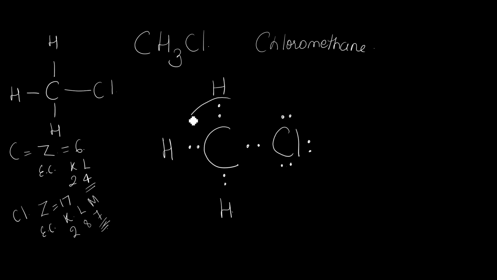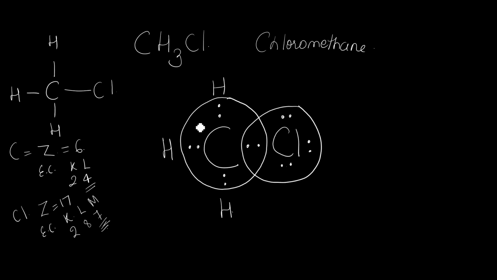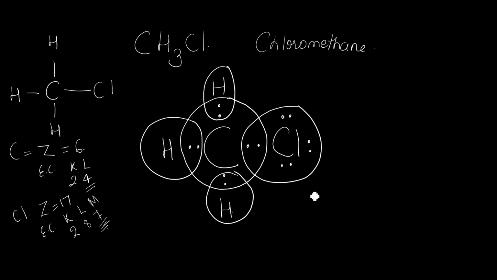Now show the bond formation between carbon and hydrogen, and carbon and chlorine. Encircle all the electrons here, then the bonds between carbon and hydrogen. So this is the electron dot structure of chloromethane or methyl chloride.